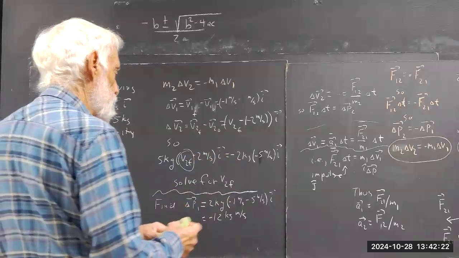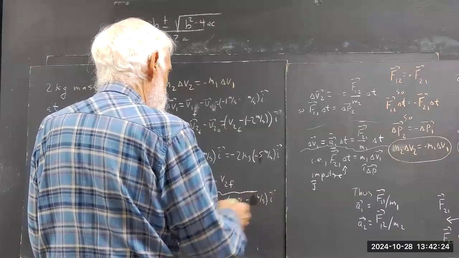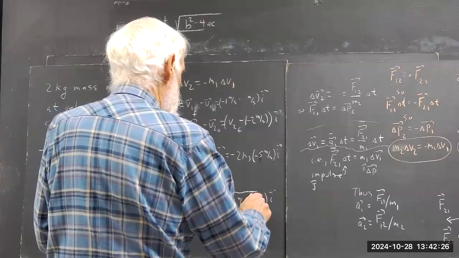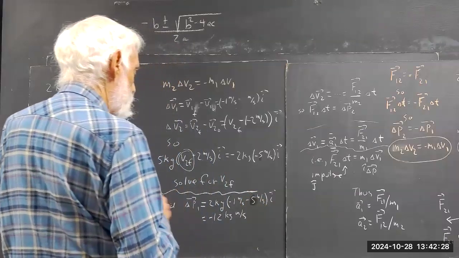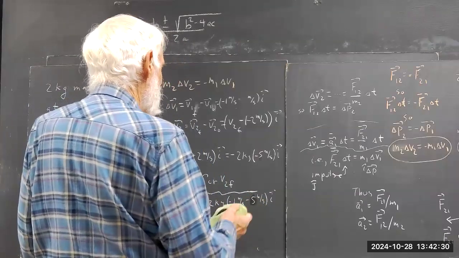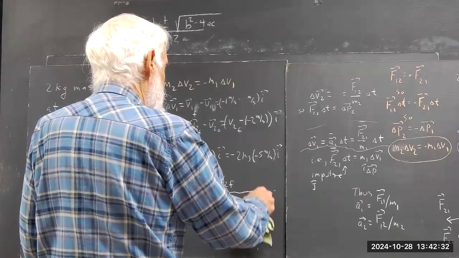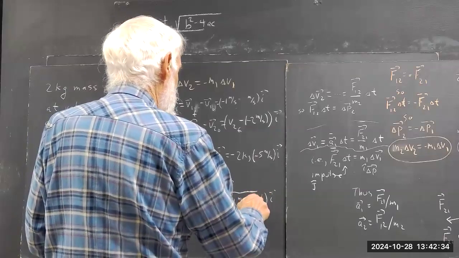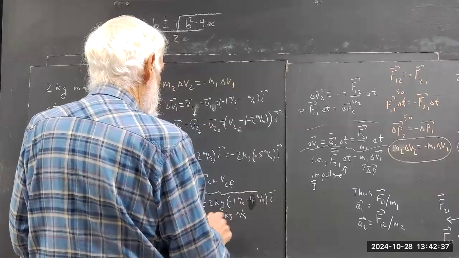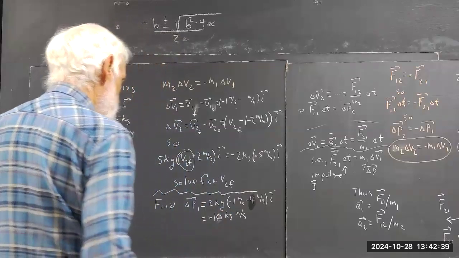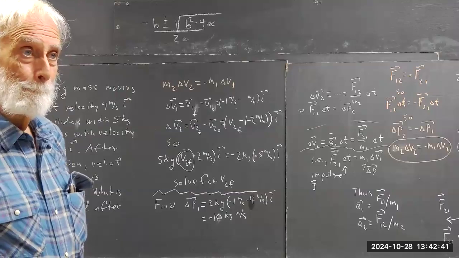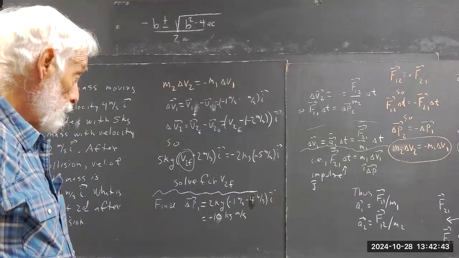Okay, so now that's correct. So that makes this -10 kilogram meters per second, right? And that's the impulse.